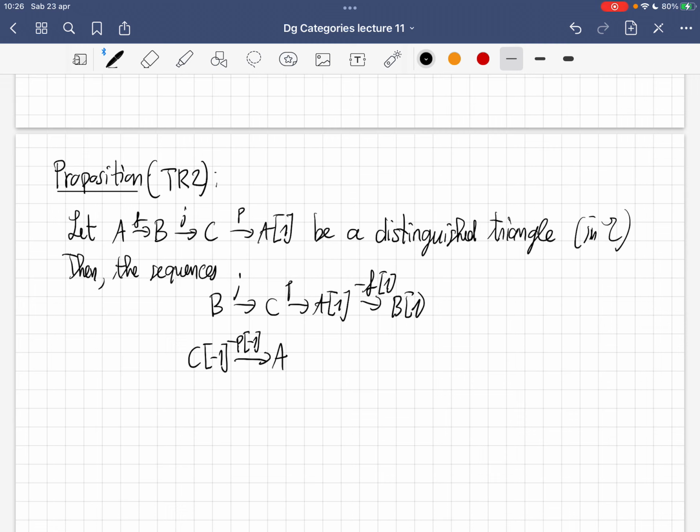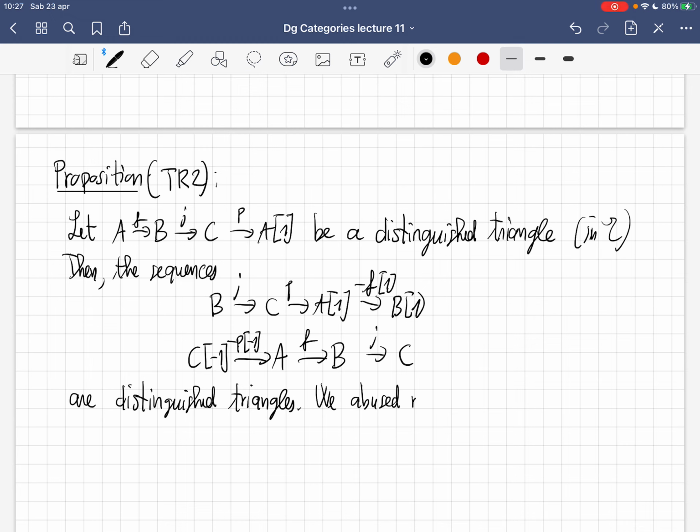minus p minus 1. There's a little caveat here, and maybe you already see what it is. These are distinguished triangles. As I said before, here we abuse notation, and identify the C to this.